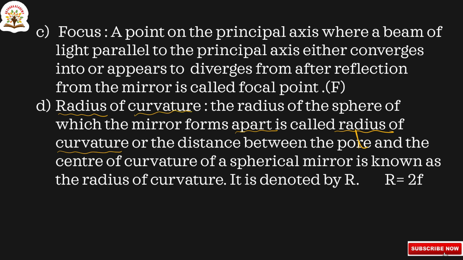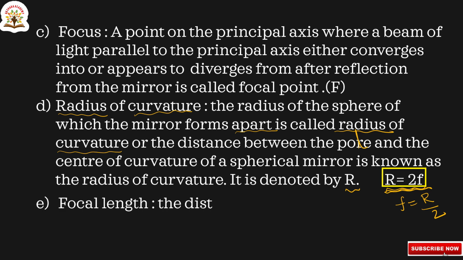It is denoted by letter R. The relation between radius of curvature and focal length is R equals 2F, or F equals R by 2. Here this is the relation between radius of curvature and focal length F. R equals 2F, or we can represent F equals R by 2.